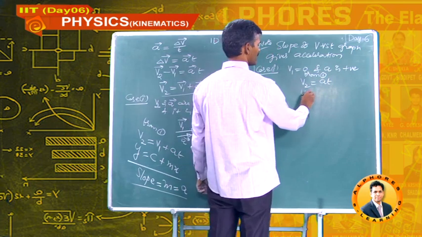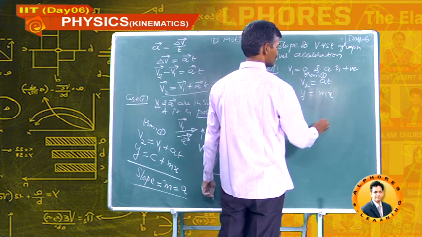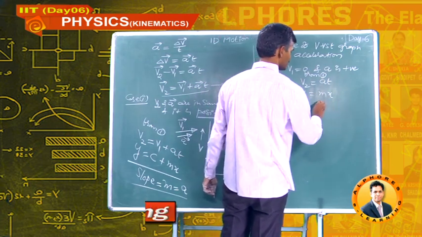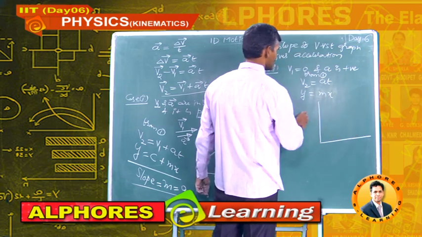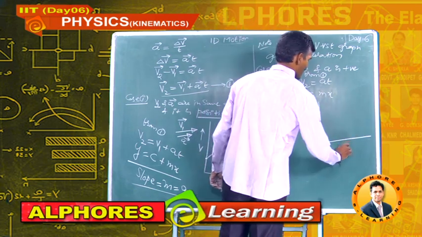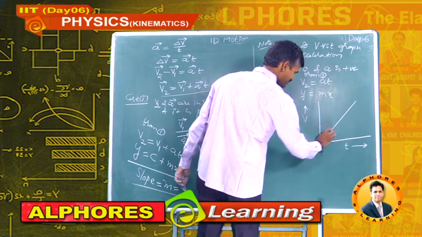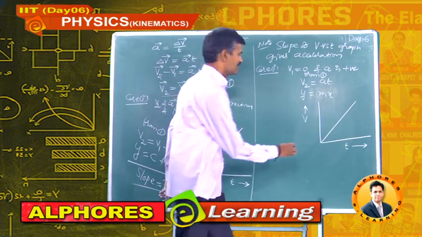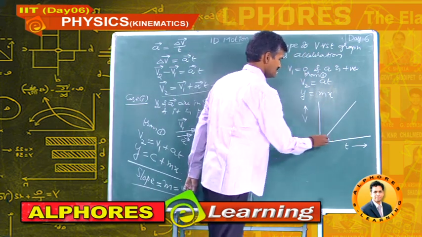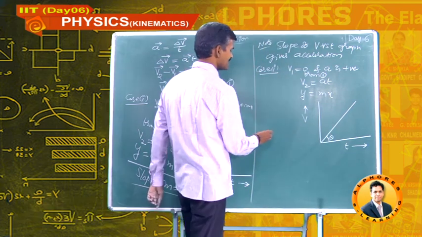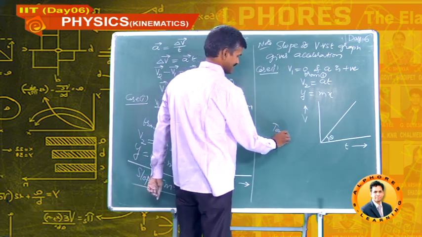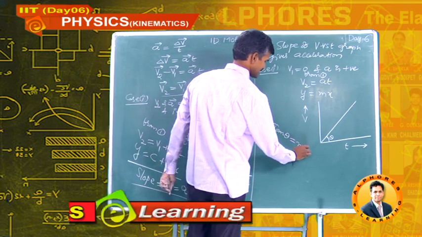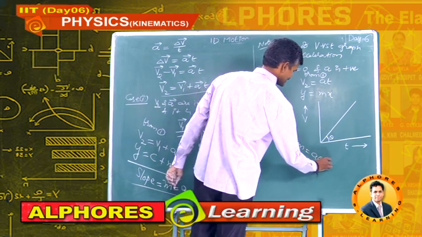This is just like y equal to mx. So if you draw a graph between velocity and time, that gives a straight line passing through the origin with this slope.